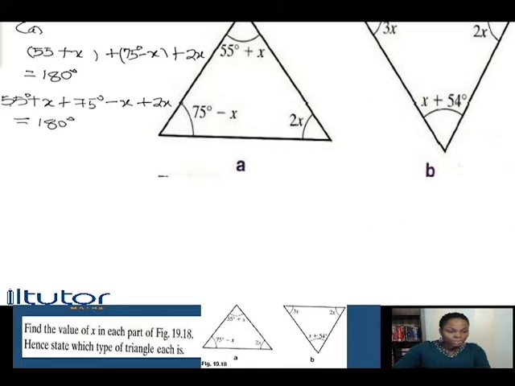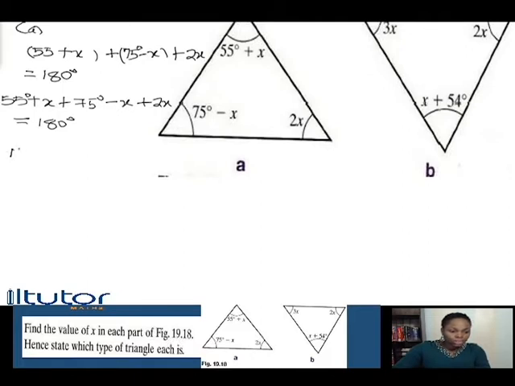We'll bring the like terms together. We have 55 and 75 as ordinary numbers, and 55 degrees plus 75 degrees will give you 130 degrees.